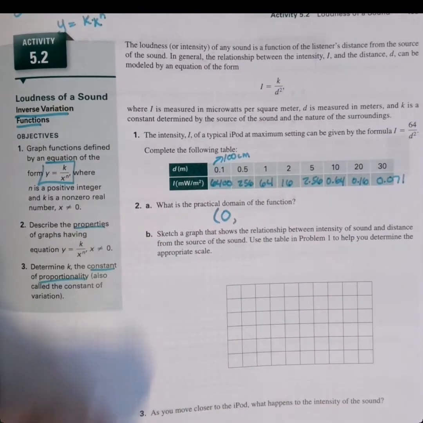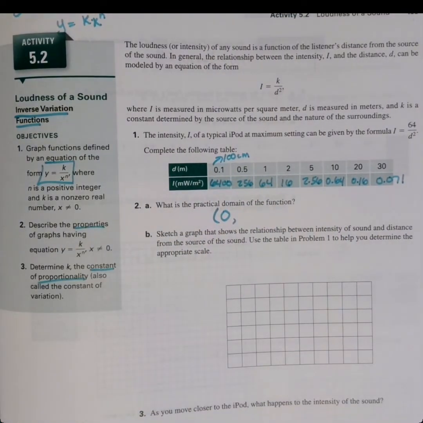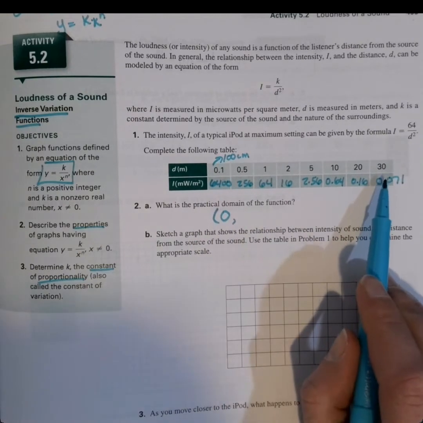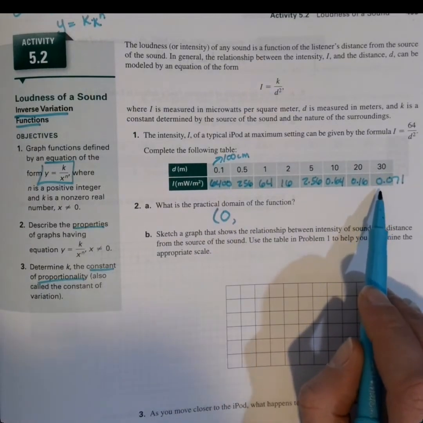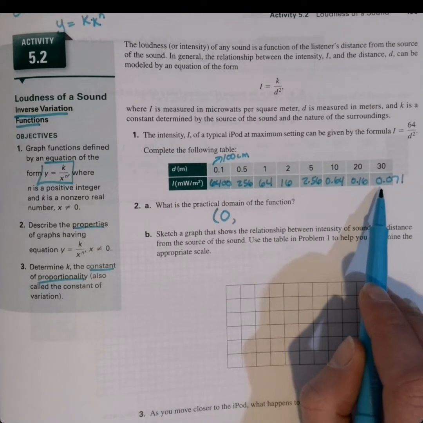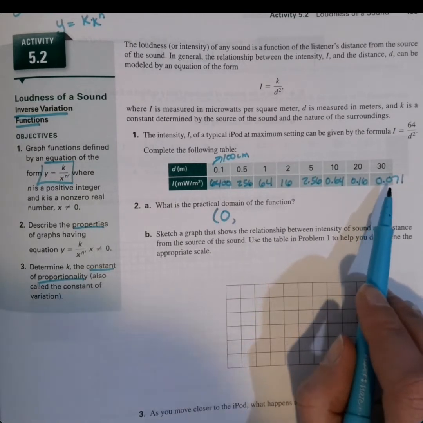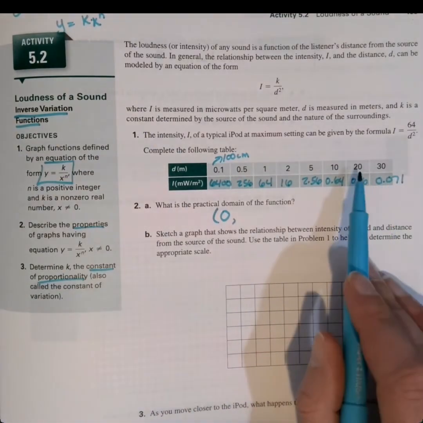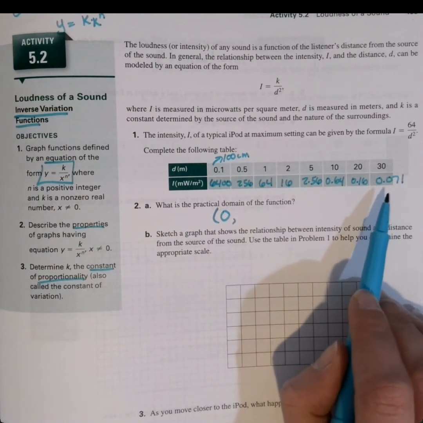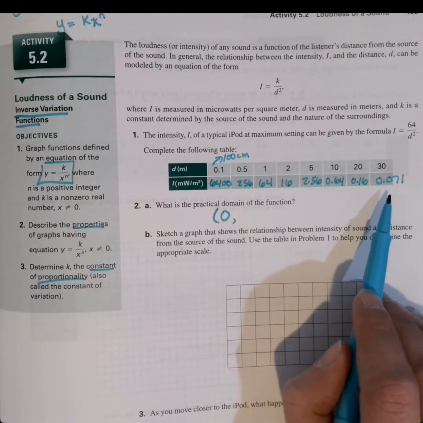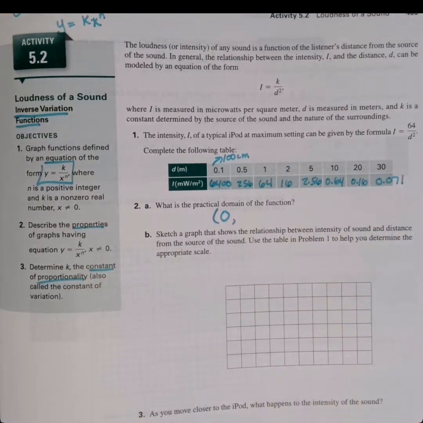Okay, so we're going to go from 0 up till, right here I'm 30 meters away from my iPod, and the intensity is pretty small. It's 0.071. I probably can't hear it anymore. If it gets much further away from this, the intensity is going to be so small that I won't be able to hear it. If you get 30 meters from an iPod, probably not really hearing it, maybe just a tiny humming.